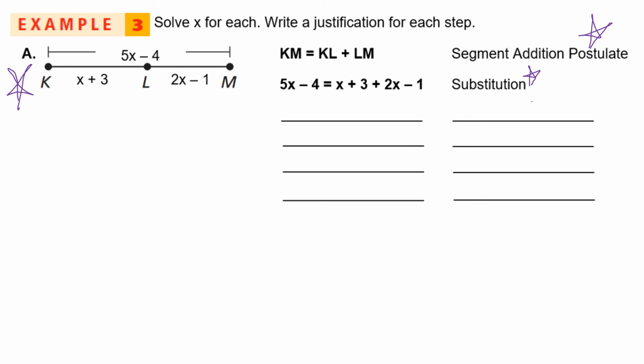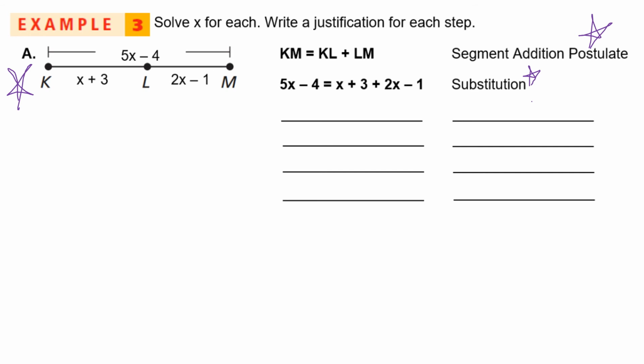KL is this, and we substituted that x plus 3 for it, and LM is right here, and we substituted that 2x minus 1 for that LM. So we have 5x minus 4 equals x plus 3 plus 2x minus 1 right now. What would we do next?